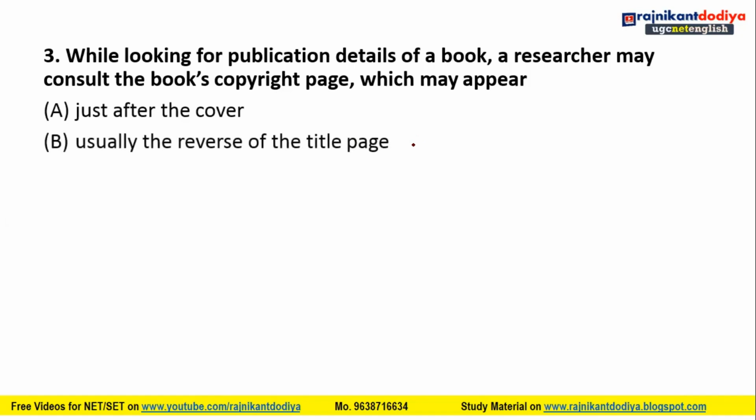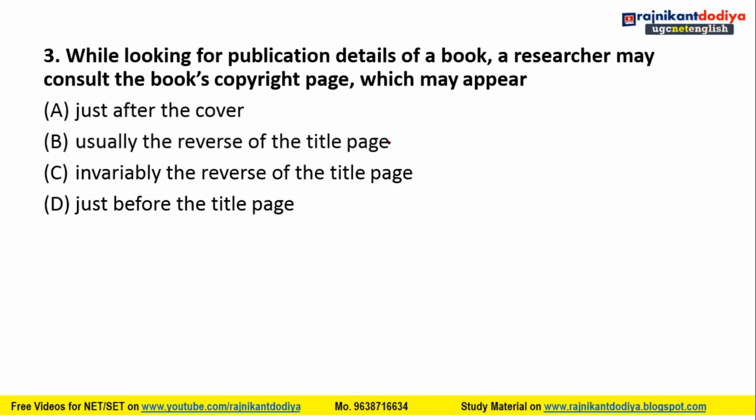So we have to identify the appropriate side where it can appear. The options: A, just after the cover page; B, usually the reverse of the title page; C, invariably the reverse of the title page; or D, just before the title page. So what can be the answer, friends? Here we can read out the question once again.